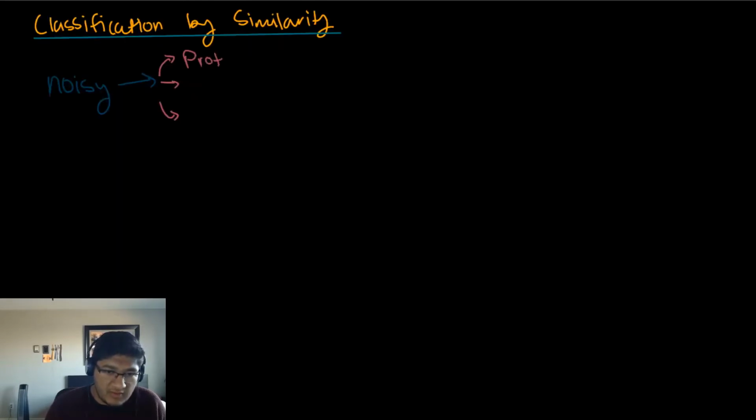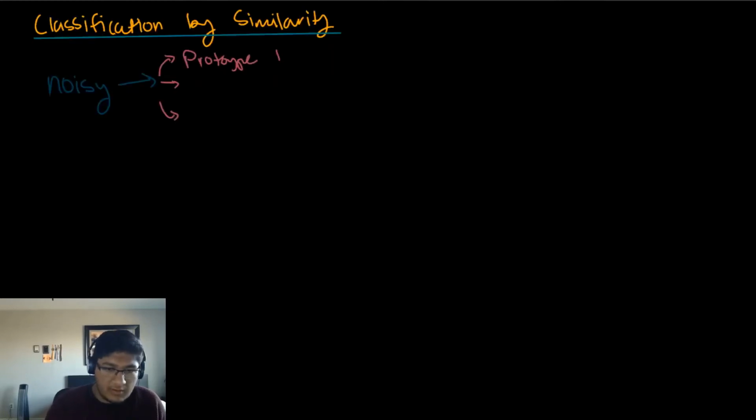So this would be prototype 1, this would be prototype 2, prototype 3, and then it would keep going. There would be prototypes that are already previously established that serve as something to go off of.